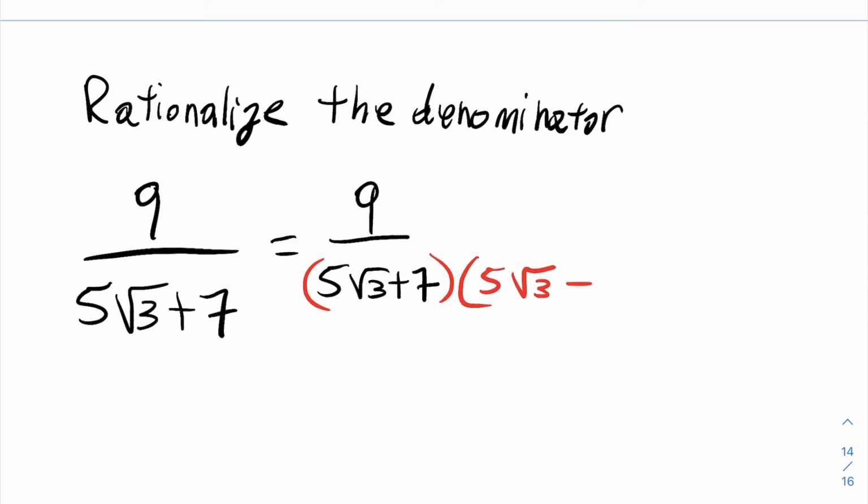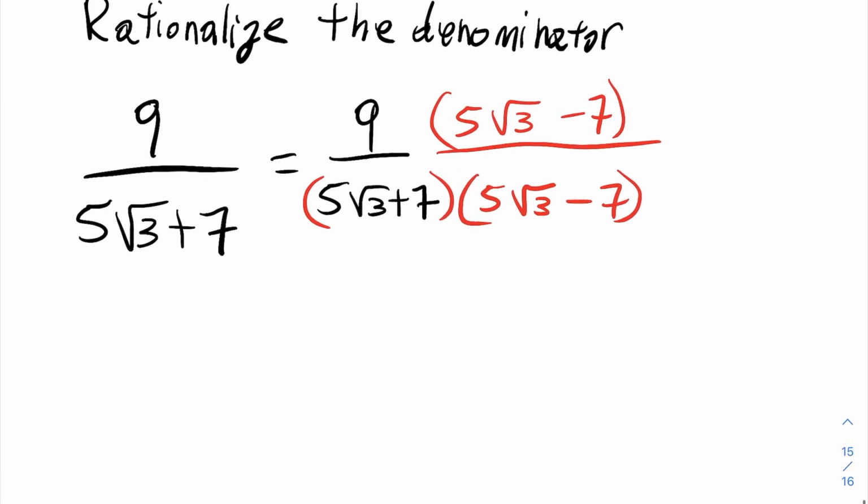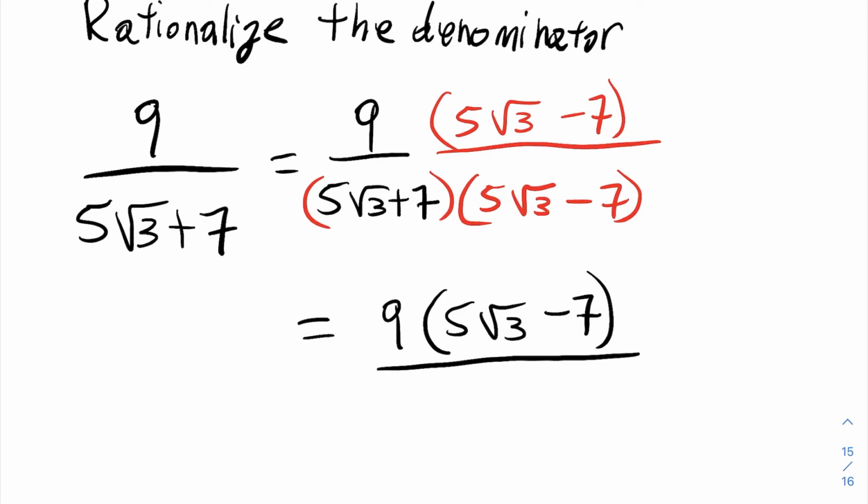The conjugate was this. But you have to do the same thing to the top, otherwise it will not be equivalent to the original. So you multiply the top and bottom like that. When you multiply the top, you're going to get 9 times 5 square roots of 3 minus 7. I'm not going to distribute just yet because I know the bottom is going to be a rational number and I might be able to cancel factors with that 9 factor.